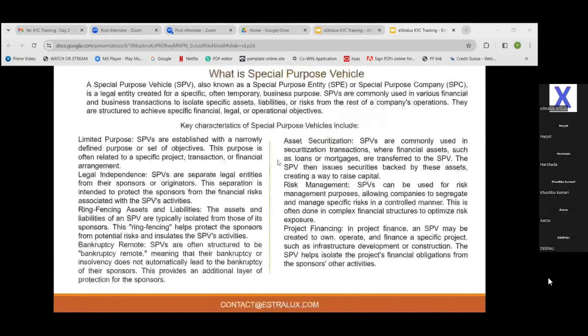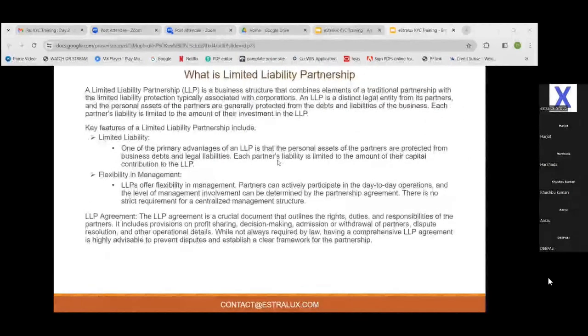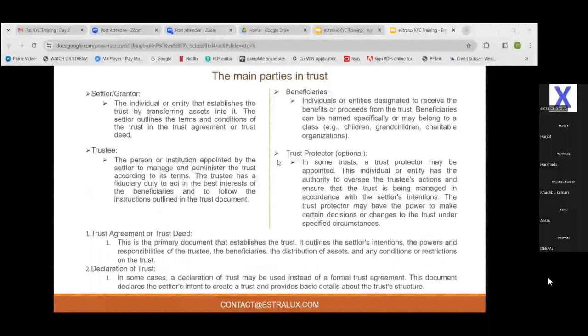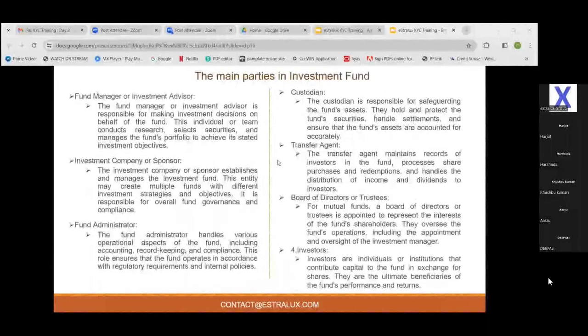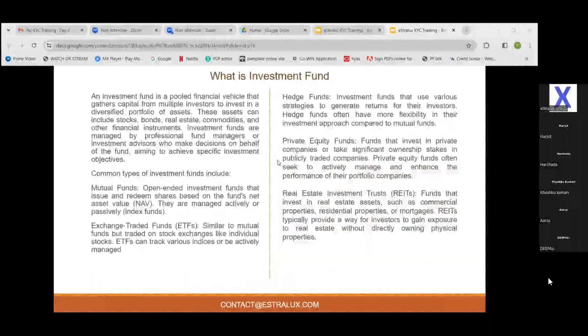Then there is one more left, which is funds, which I wanted to take last. Okay, guys, in KYC you might need to deal with a lot of funds, and funds do come in.